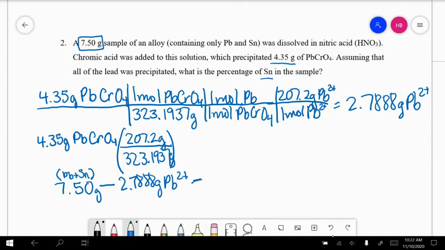And I get an answer of 4.7112 grams of tin.